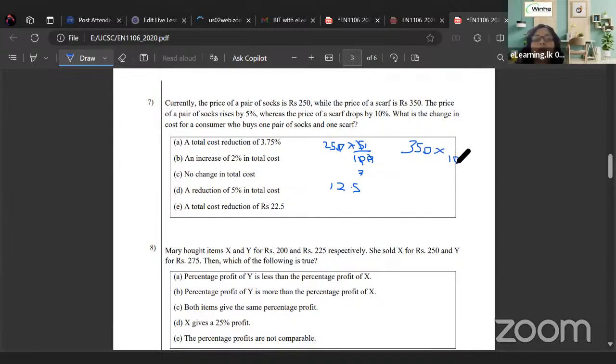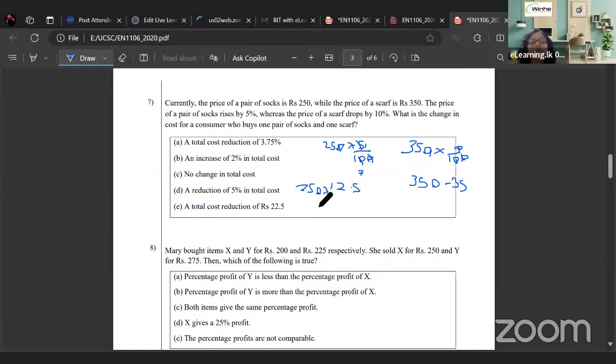350 dropped by 10%. That means 35 is reduced from 350. 350 minus 35. Here 250 plus.